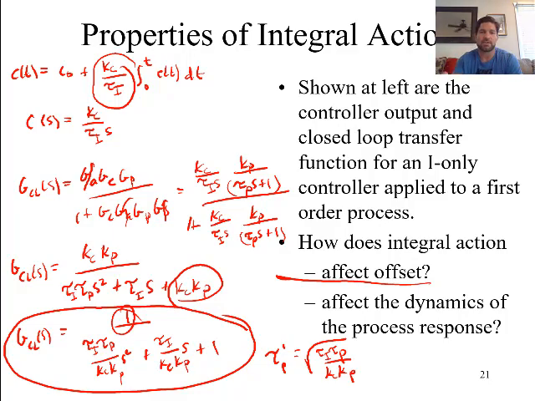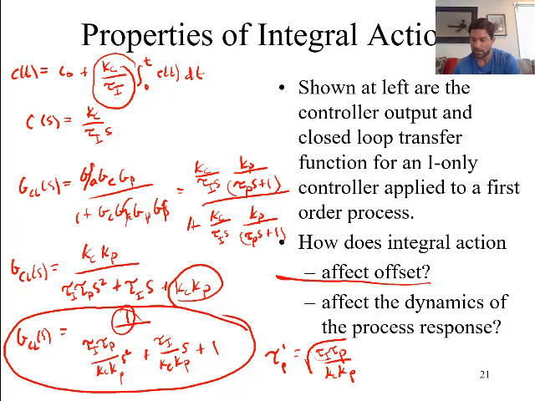So decreasing tau I is equivalent to saying increase integral action. So lower tau I means a more aggressive integral term. Higher tau I means less aggressive or more conservative. So what this shows right here is that as we decrease tau I to make it more aggressive, it makes the time constant smaller, so it makes the process respond faster.